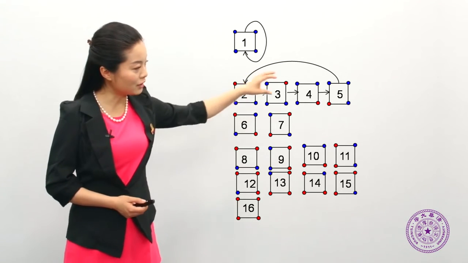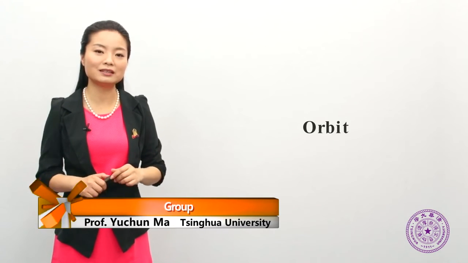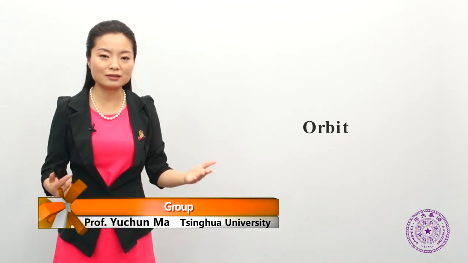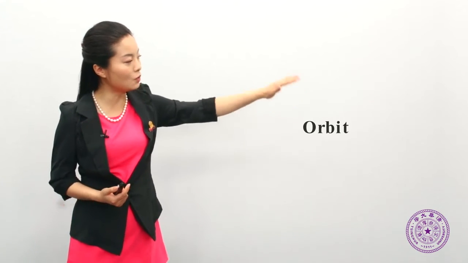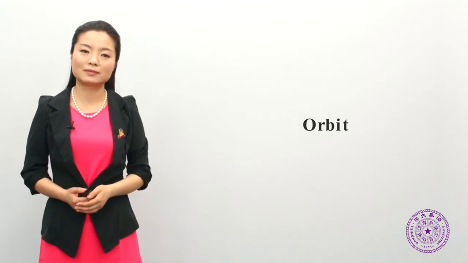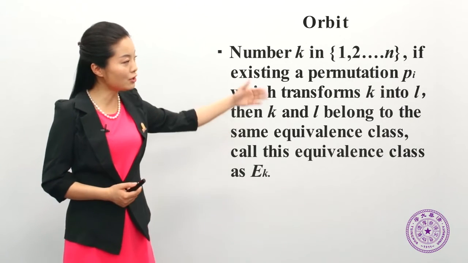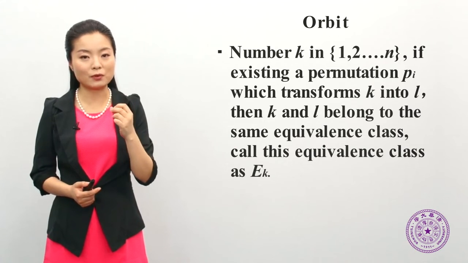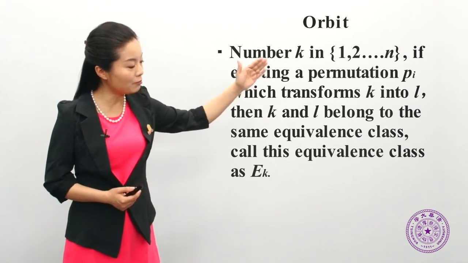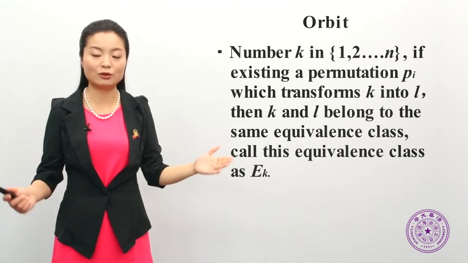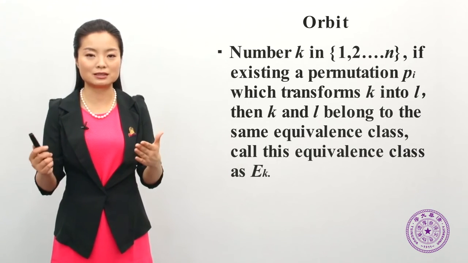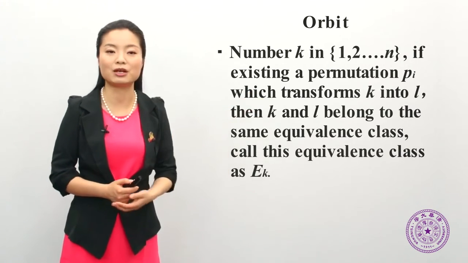Therefore, to be more vivid, in English an equivalence class is known as an orbit. It is just like a track passed through by permutations. Take the numbers 1, 2, 3 up to n, with K among them. If any permutation transforms K into L, then K and L belong to the same equivalence class. The equivalence class corresponding to K, we will represent with EK.